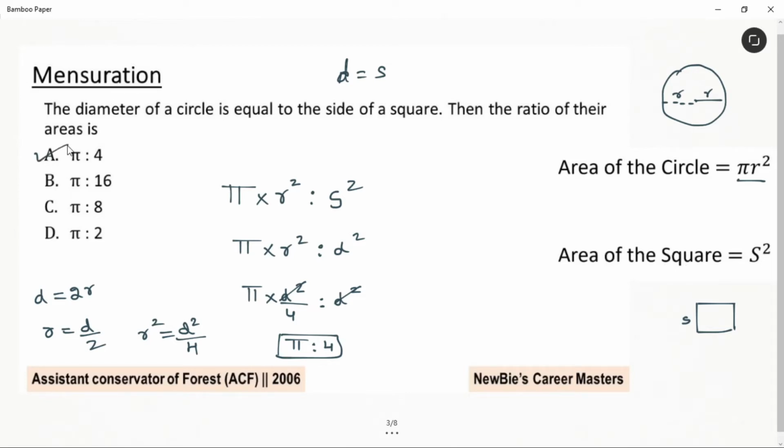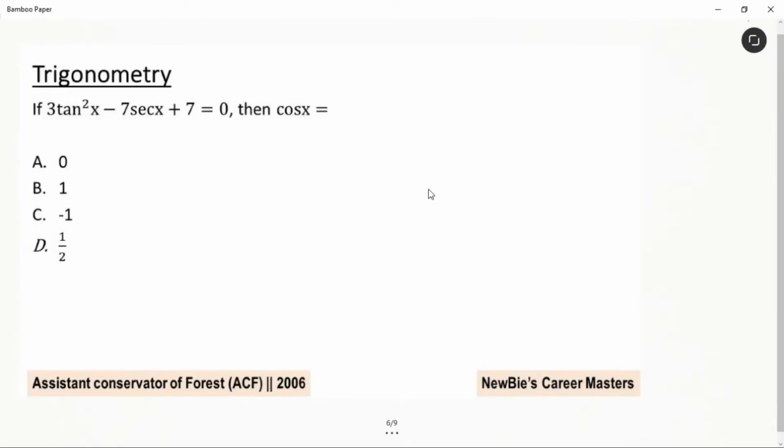Okay, super. We'll continue. Newbies, the question that we are solving now is from the trigonometry topic. The question is 3 tan square x minus 7 secant x plus 7 is equal to 0. They're asking for the value of cos x. Here we can replace tan x as sin x divided by cos x. Correct. Then the formula for secant x is 1 by cos x.